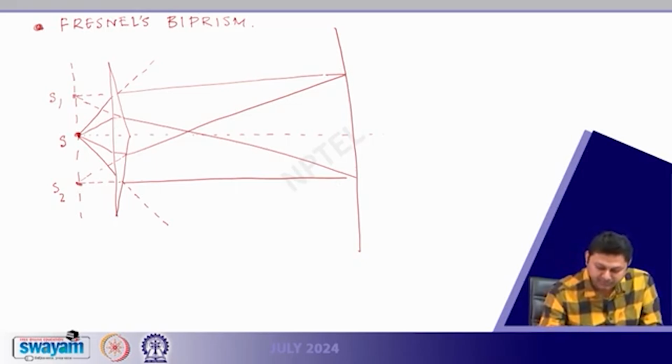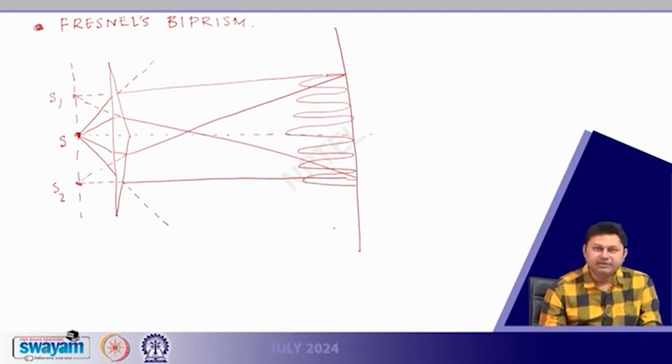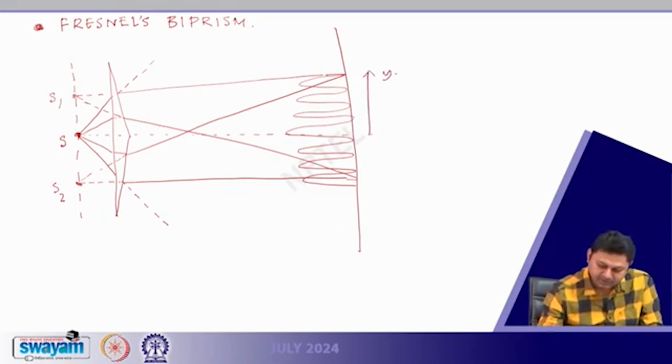So the interference pattern will be observed in this region in this way, and this will be along the y direction.